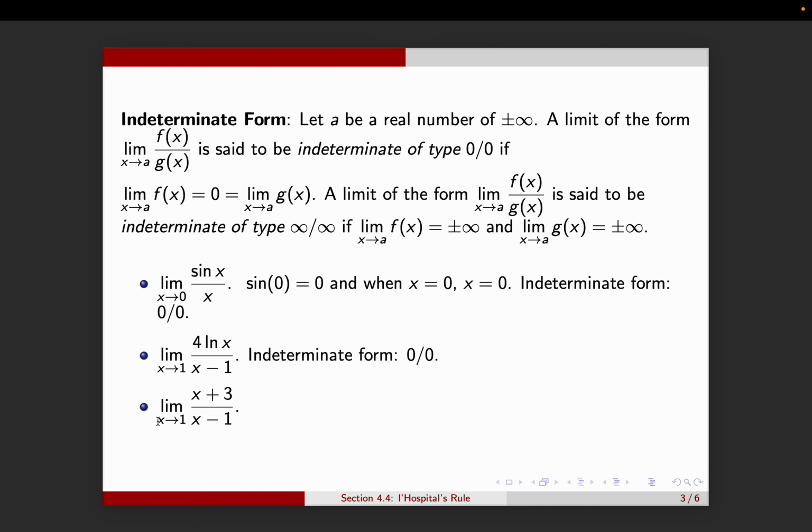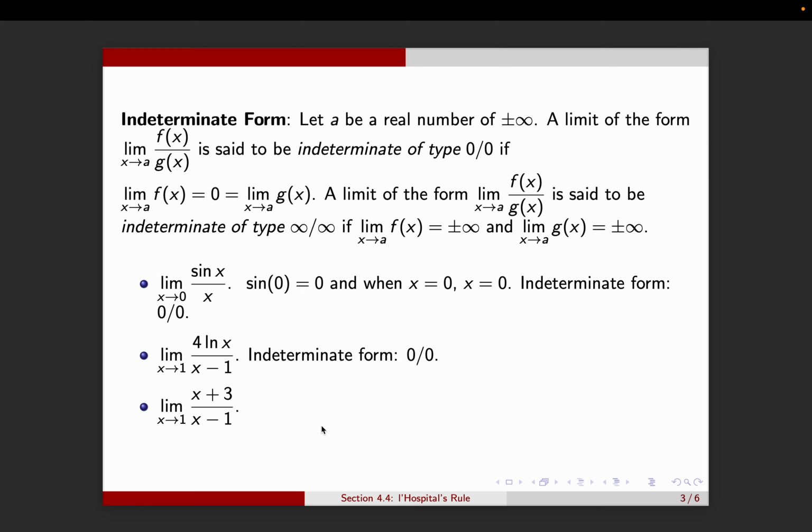Okay, this limit here maybe looks like the previous two, but notice if I plug in 1 for x down below, I still get a 0. But if I plug in 1 for x up top, I get 4. So this limit has type 4 over 0, and it's not indeterminate form. Okay, it's not 0 over 0, not infinity over infinity.